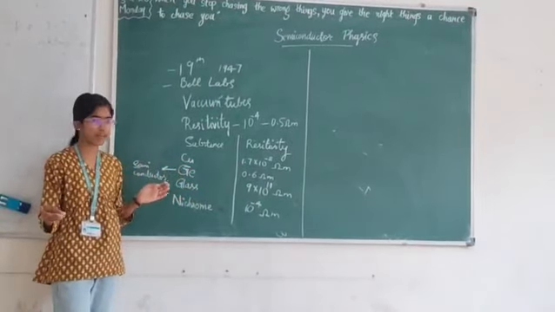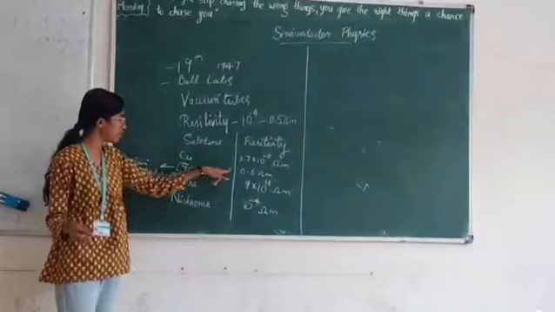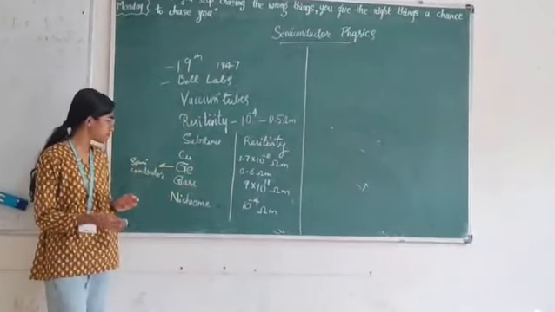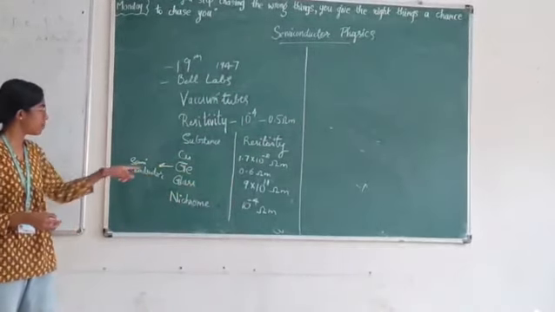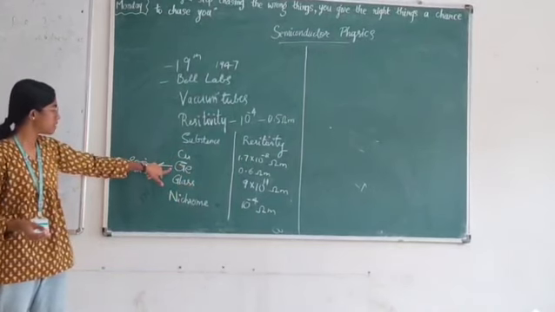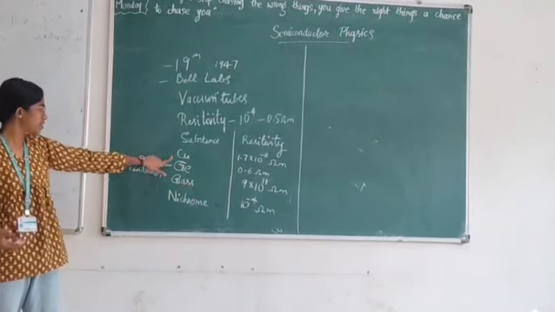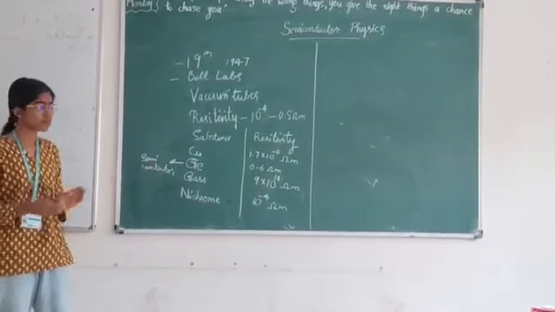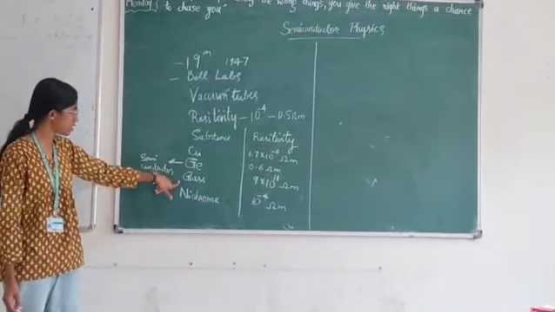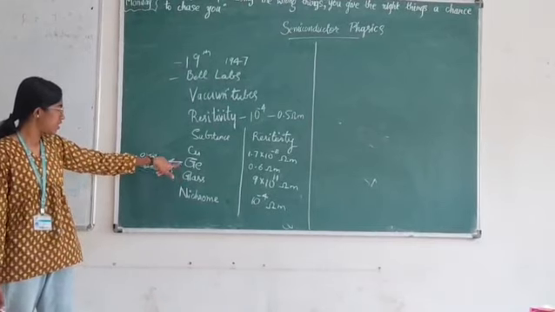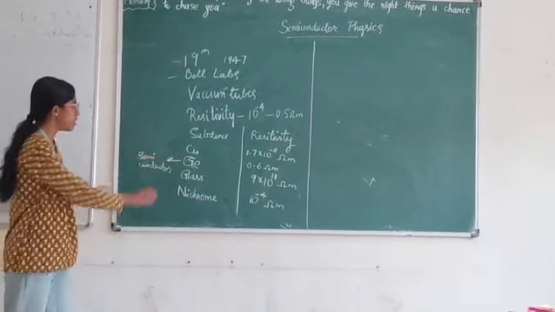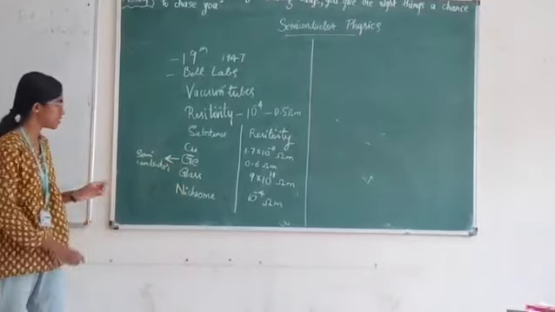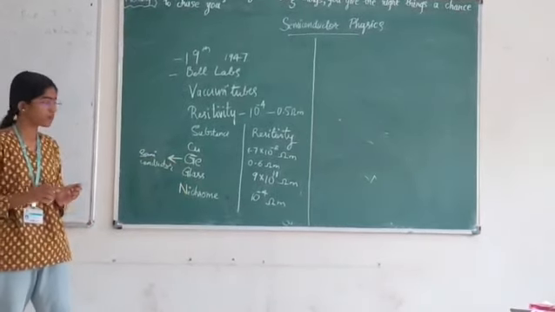It is a very small number compared to the resistivity of germanium. So, compared to copper, the conductor, the resistivity of germanium is higher. And compared to the insulator, glass, the resistivity of germanium, the semiconductor, is lower.